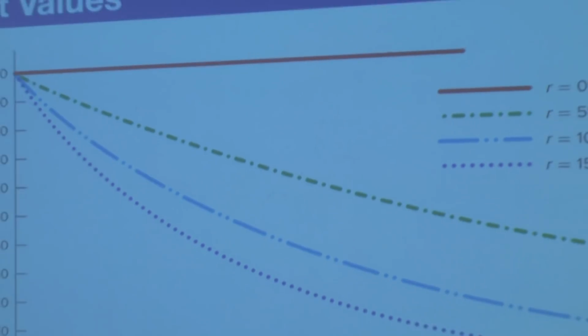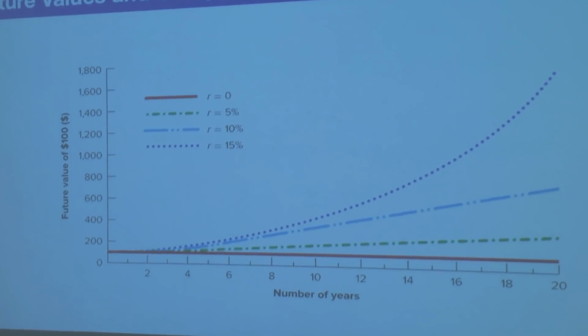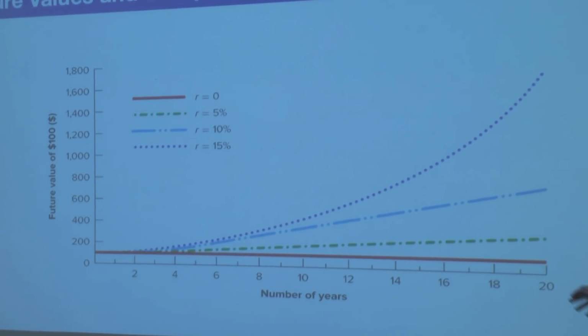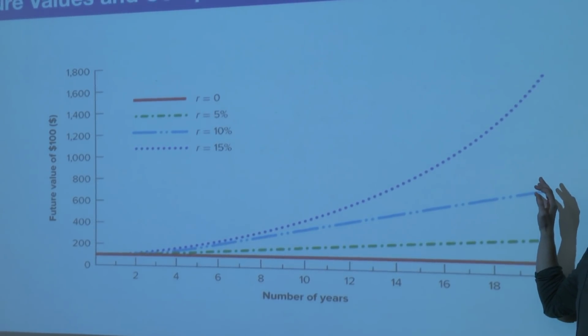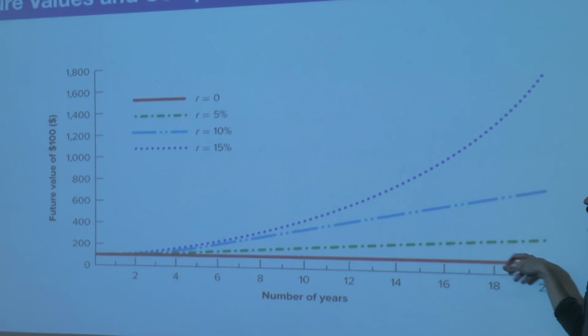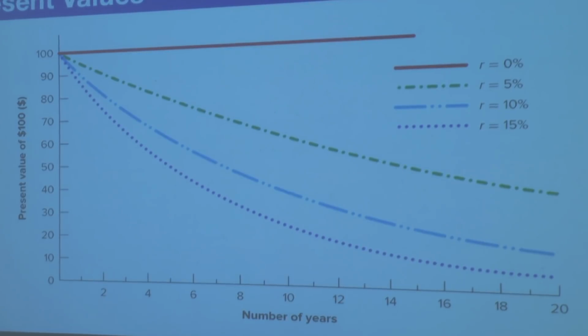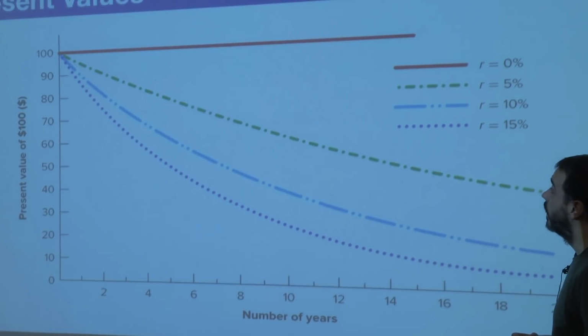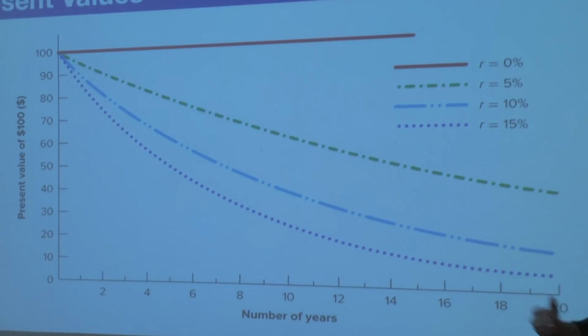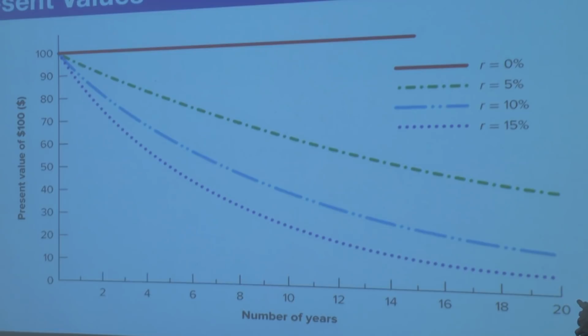All right. So we saw this graph earlier that showed how a higher interest rate generates much higher future values as you extend your time horizons. And here we're seeing the other face of the medal: you see the effect of discounting at different interest rates as your time horizon becomes longer.